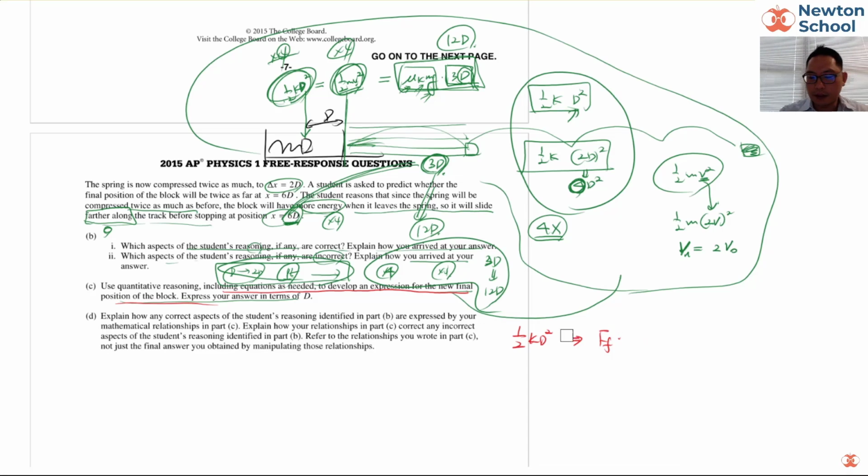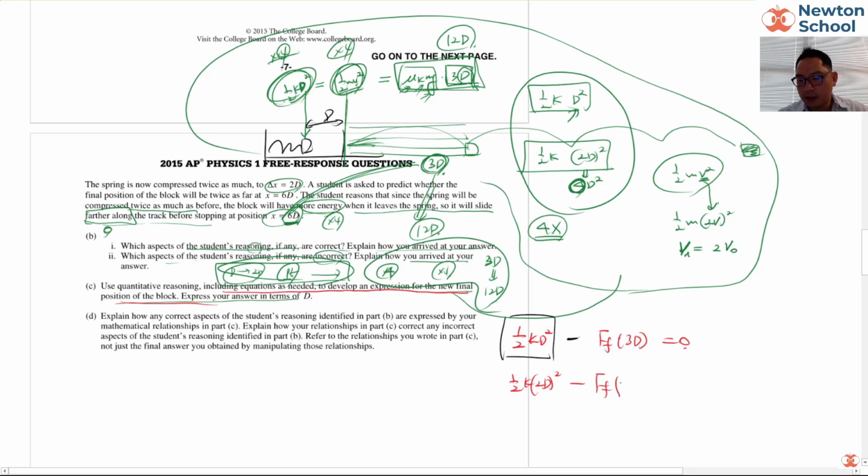Actually, I'll put it this way. So that was the total energy you had minus work done by friction. Force of friction times 3d is 0. So 1/2 k (2d) squared minus force of friction times, I'll just call this a new distance, since I don't know what it is. This has to be 0 too, right?